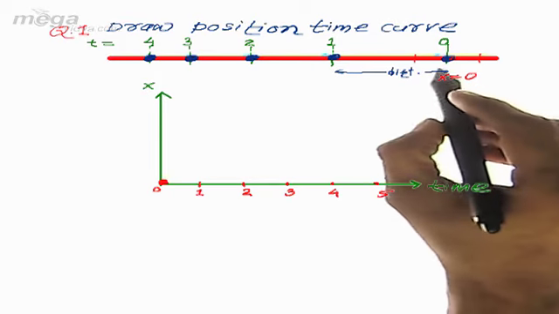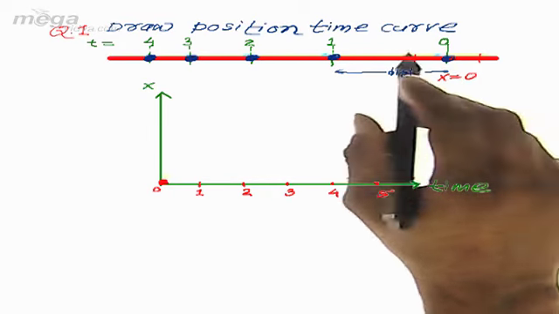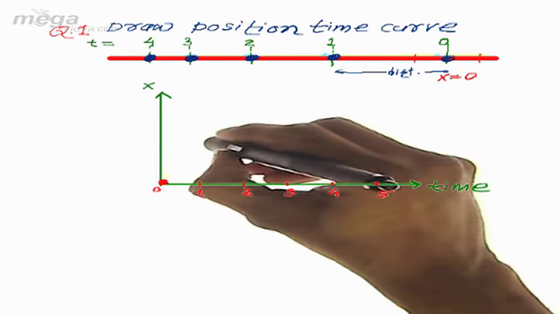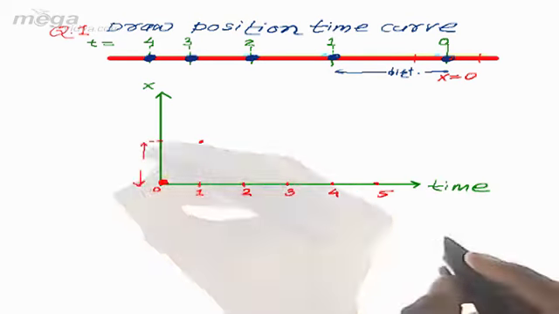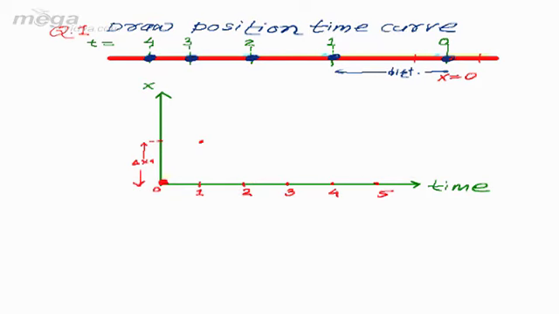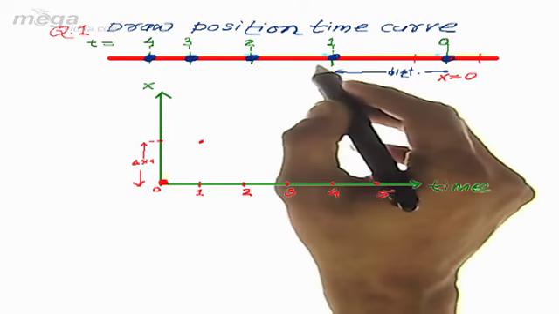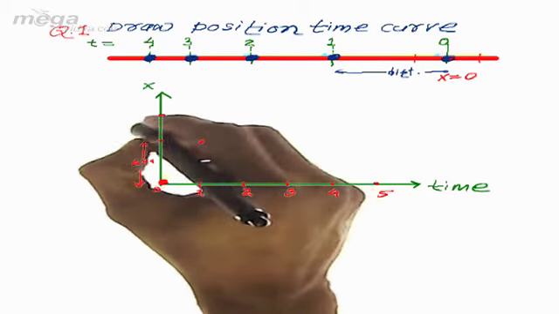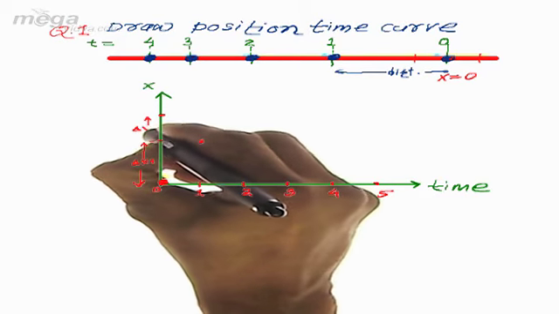Now in this time interval 0 to 1 second, the particle moves a distance, say this much. Say this is delta x1, which has been traveled by the particle in the first second of its motion. If you see, for the time interval between 1 to 2 seconds, the displacement is a little less, say delta x2.